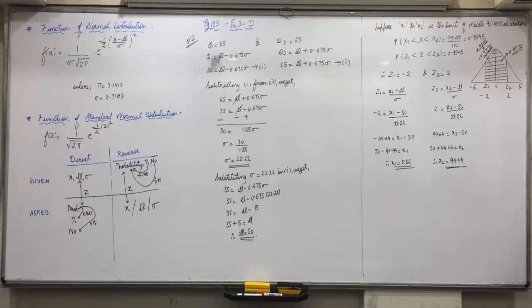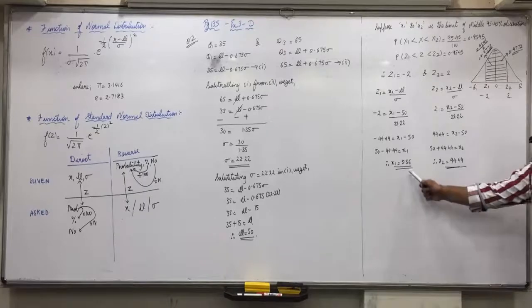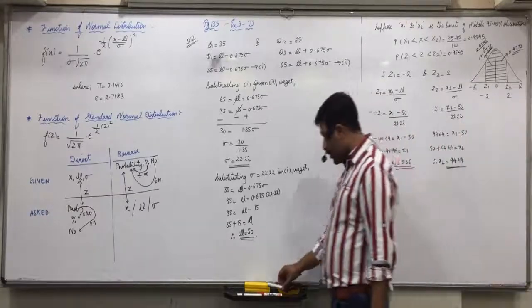So what is the range of the middle 95.45% observations? 5.56 to 94.44.